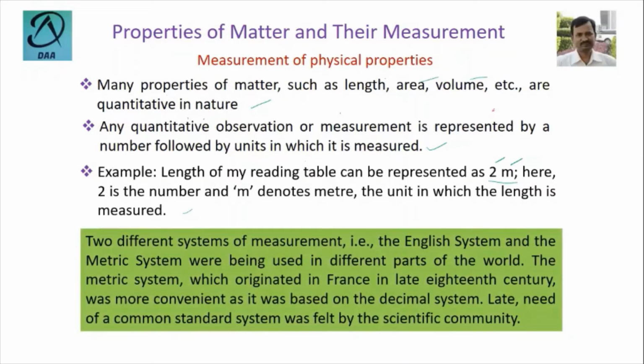There are some systems developed. So two different systems of measurement, that means the English system and the metric system, are used in different parts of the world. The metric system, which originated in France in the late 18th century, was more convenient as it was based on the decimal system.